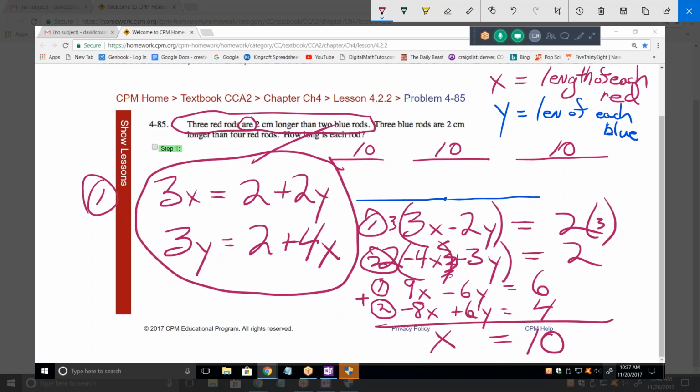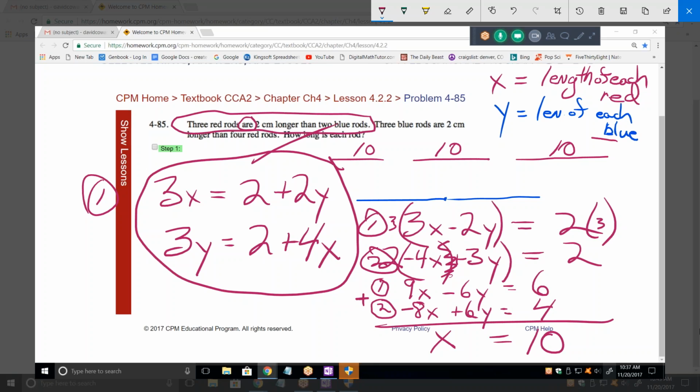Now, if 3 red rods are 2 centimeters longer than 2 blue rods, what are the lengths of each of the blue rods? You can get this by looking at the picture and figuring it out in your head, which isn't that hard to do. Or you can just substitute x equals 10 into either of these original equations.